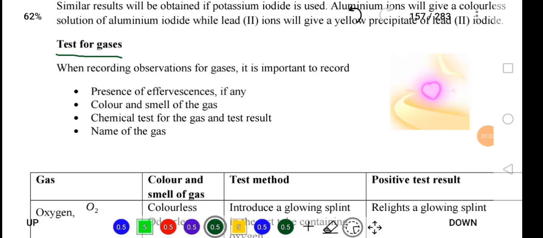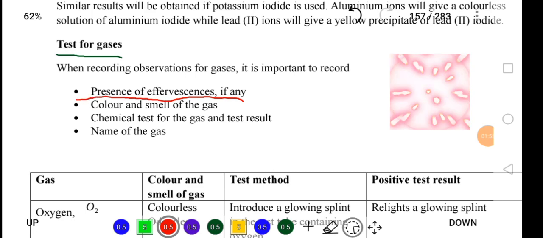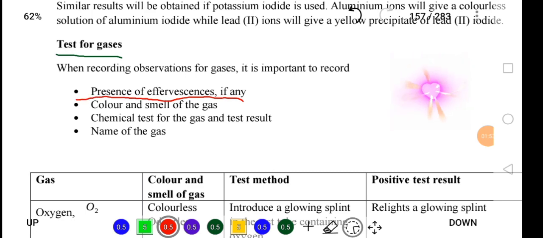So when recording observation for gases, it is important to record the presence of effervescences, if any. It is necessary that when we provide the reagents to you, and when you mix those reagents, you find that there are some effervescences or bubbles that are given out.